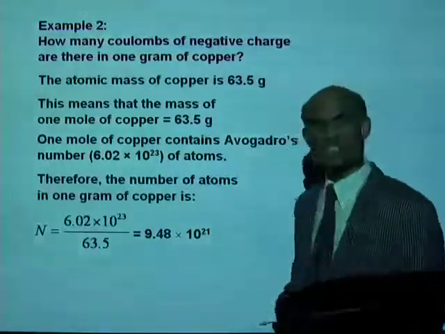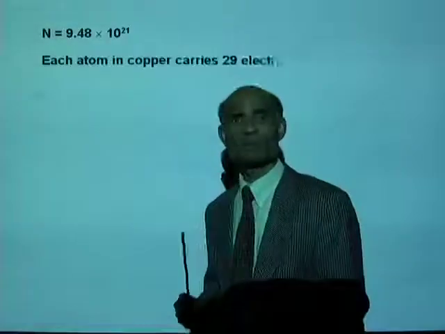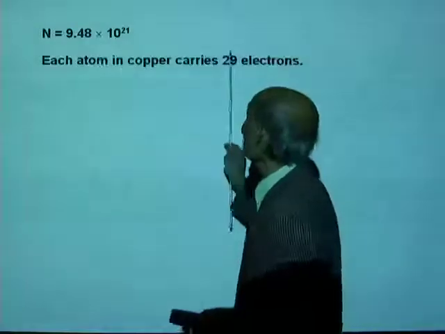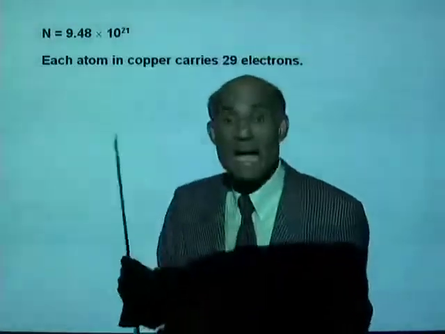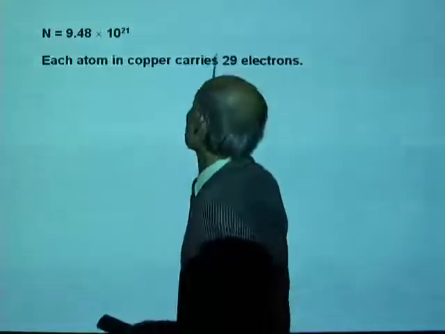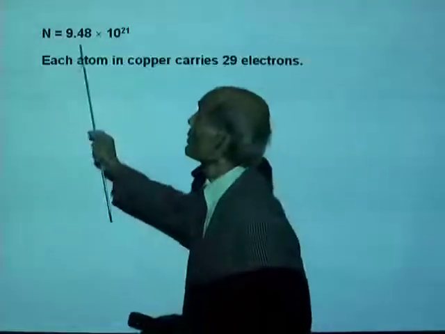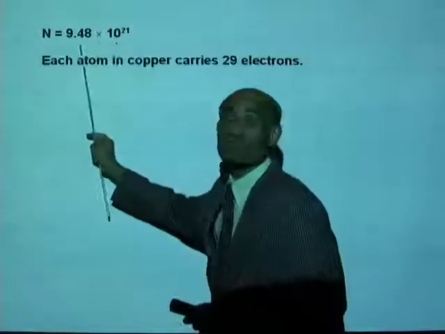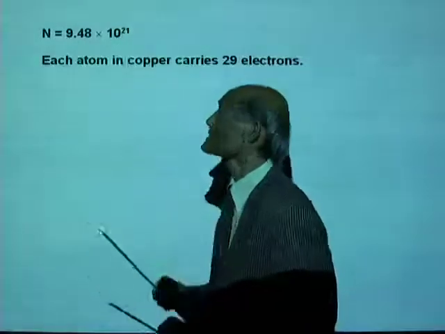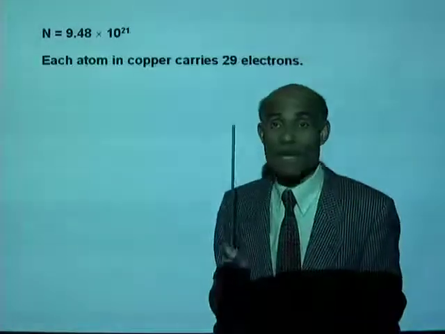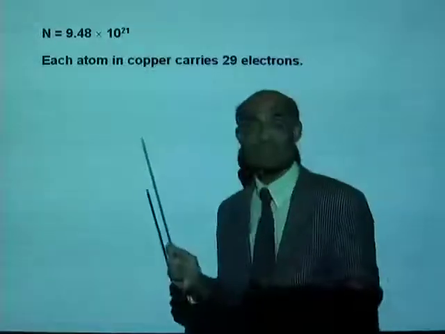Well, what is the atomic number of copper? You remember the atomic number of copper? The atomic number of copper is 29. It means each atom of copper carries 29 electrons. Now, there are 9.48 times 10 to the 21 atoms in 1 gram of copper, and each atom carries 29 electrons.